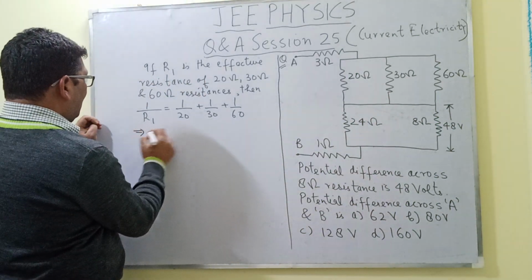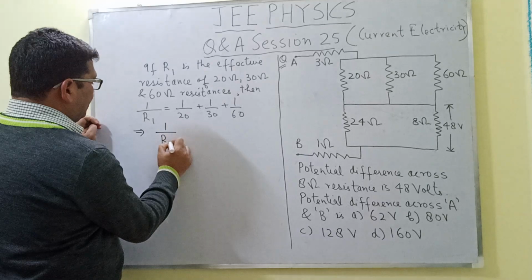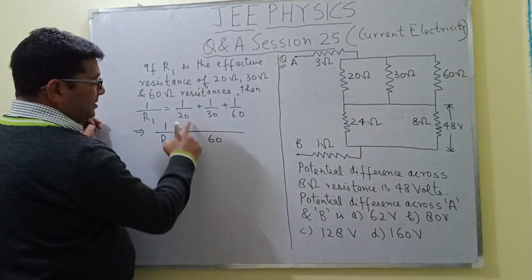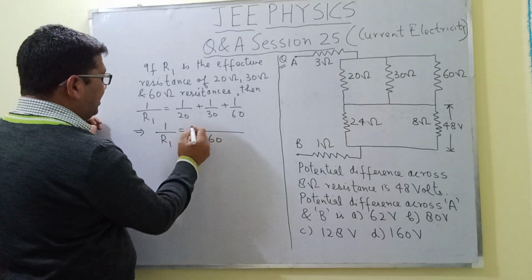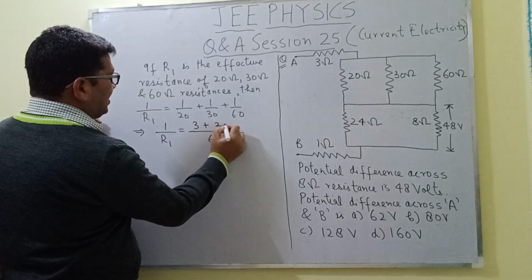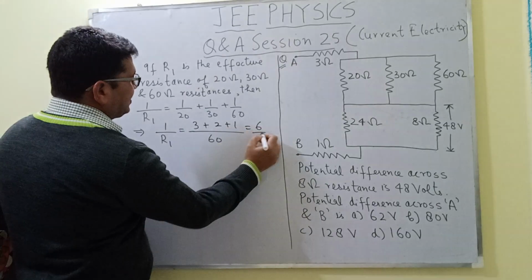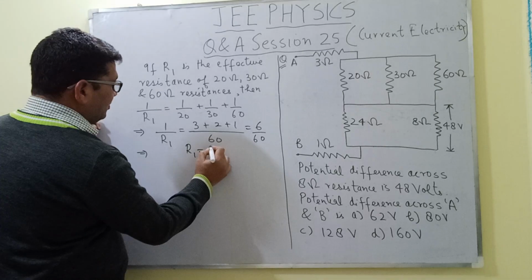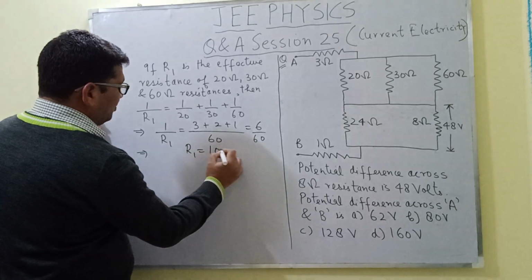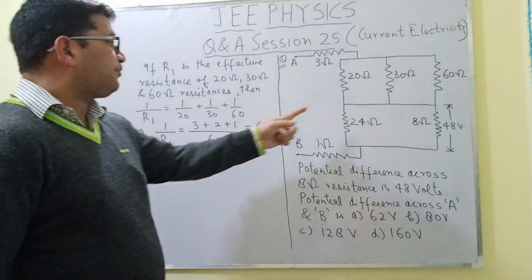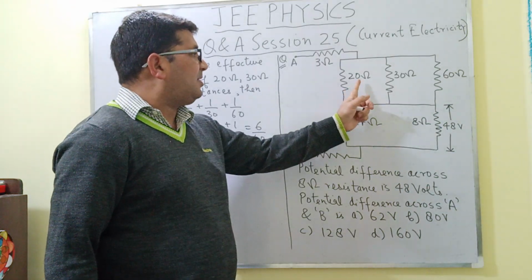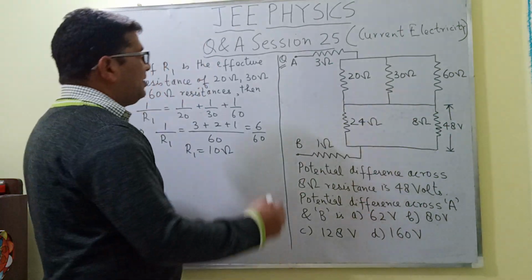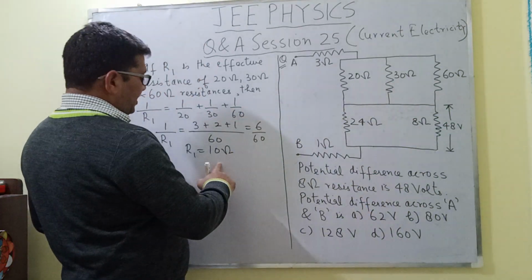So 1 by R1 will be equal to, I will take the LCM, and this LCM is equal to 60. So here I will be getting 3 plus 2 plus 1, which is equal to 6 by 60, or we can say that R1 is equal to 10 ohms. So the effective resistance of this 20 ohm, 30 ohm, and 60 ohm resistor is 10 ohms.